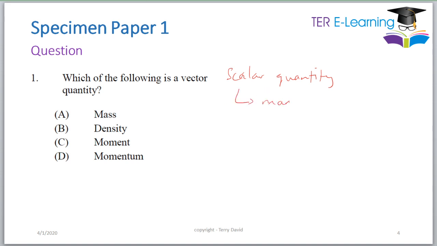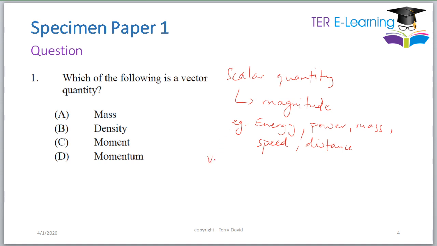Examples are things like energy, power, mass, speed, and distance. This is just review for you. Scalar quantities have magnitude only.